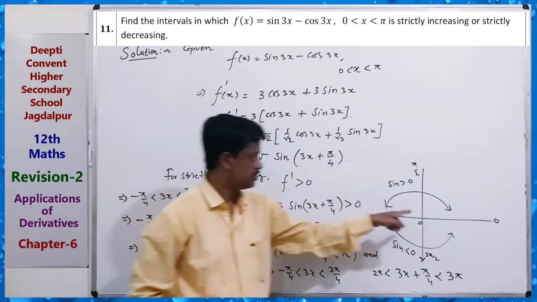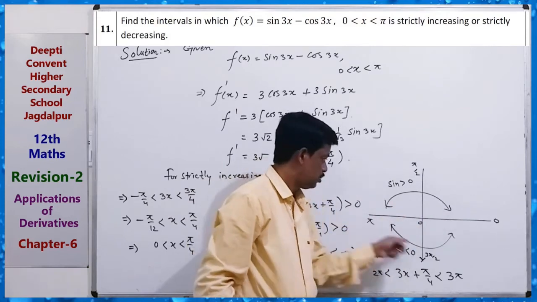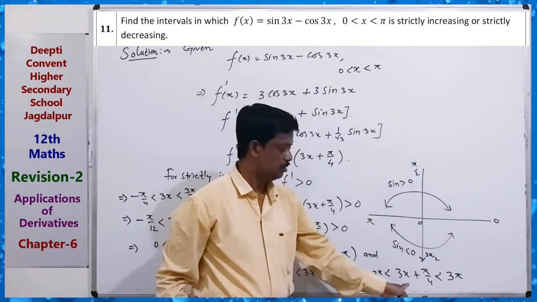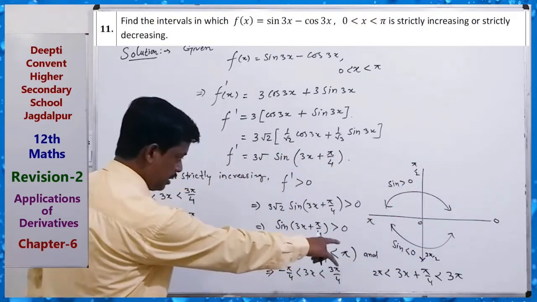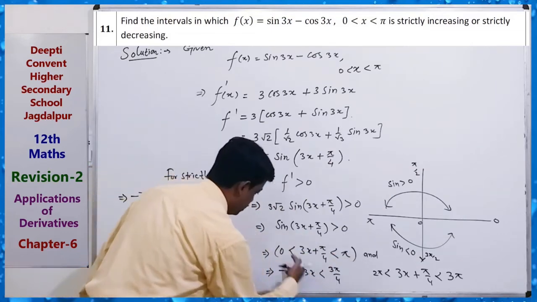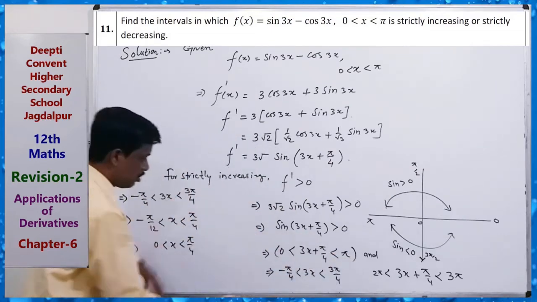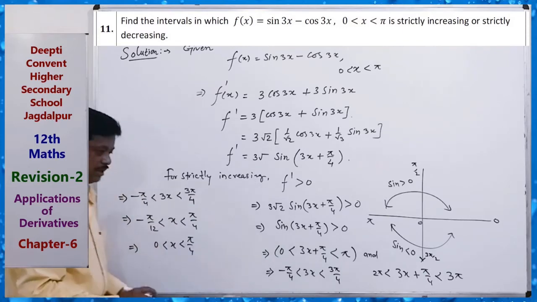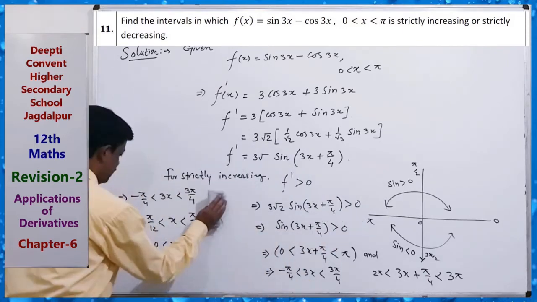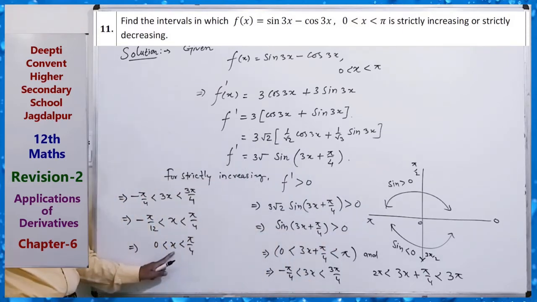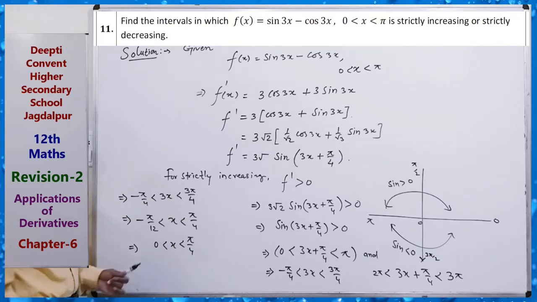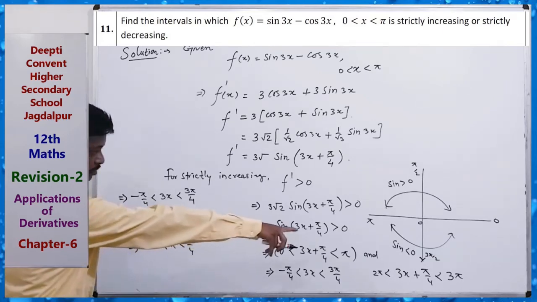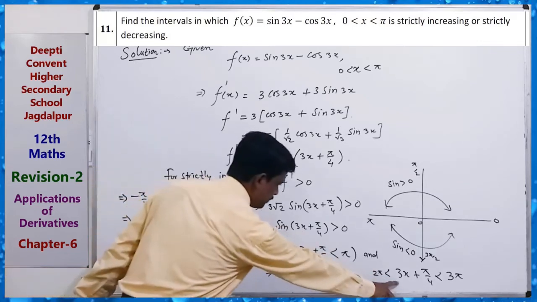Once again, because sine is positive in 0 to pi and also in 2 pi to 3 pi. So from here, this and this, I solve this, and one interval is 0 to pi by 4, and another interval will be solved from here.